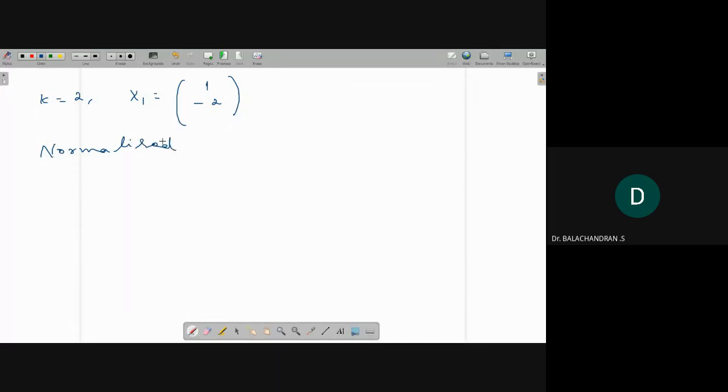The normalized eigenvector for x1 is 1 by root 5, not 1 by root 5, 1 by root 5, which is 0.4472, and minus 2 by root 5, which is minus 0.8944. So this is u1.